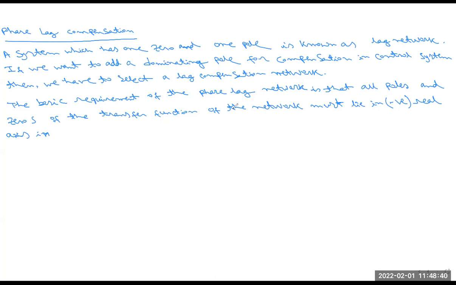So the basic requirement of the phase lag network circuit is that all poles and zeros of the given transfer functions of the network must lie on the negative real axis, interacting with each other with a pole located on or nearest to the origin.